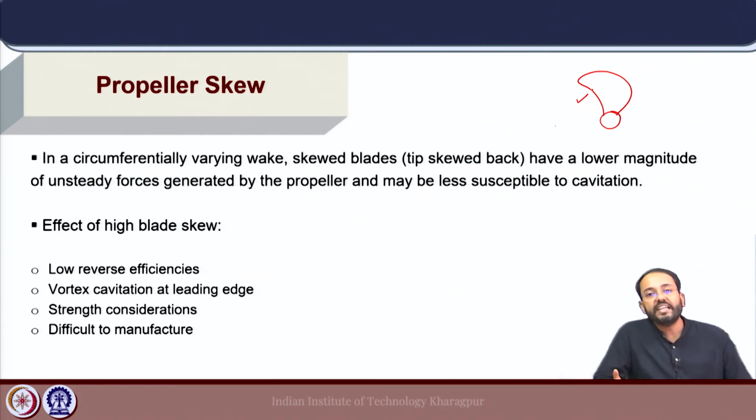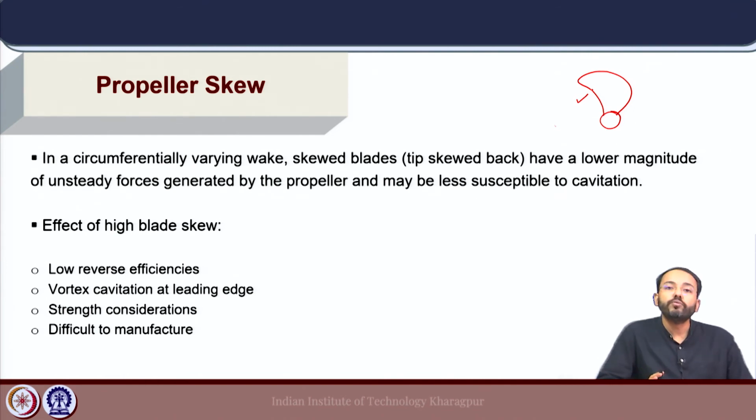Vortex cavitation at the leading edge can occur if the skew is very high, and we have seen again under strength consideration that for very highly skewed propellers, the moment due to the centrifugal force and skew will play a role in the total stress of the propeller blade, and also it is difficult to manufacture. If the skew is very high, it becomes a problem for the manufacturing of the propeller blade.